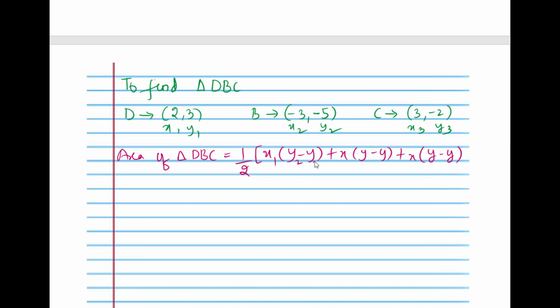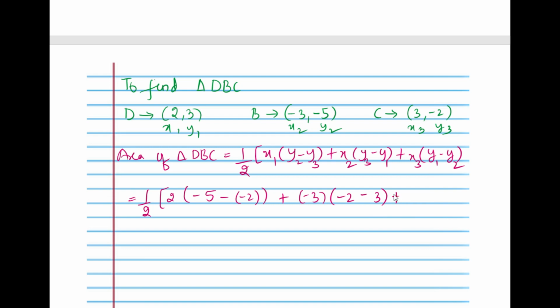Consider it as 1, 2, 3, 2, 3, 1, 3, 1, 2. Now the next step is just substitute the values. Half into x1 is 2 into y2 is minus 5 minus of y3 is minus 2, therefore minus of minus 2 plus x2 is minus 3 and y3 is minus 2 minus y1 is 3.